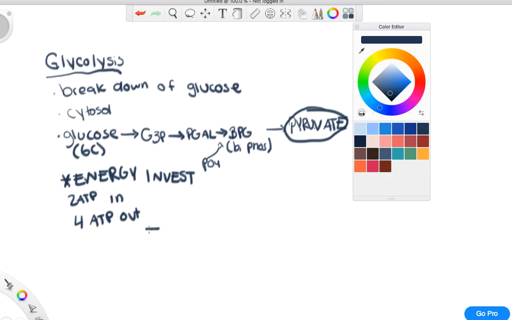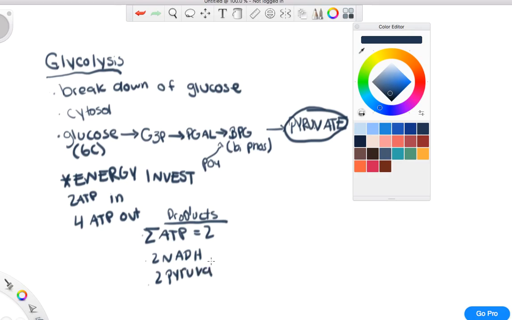So your net ATP equals 2, because it's 4 minus 2. Sorry, this should be products right here. Products. Net ATP 2, 2 NADH, and you're going to have 2 pyruvate.